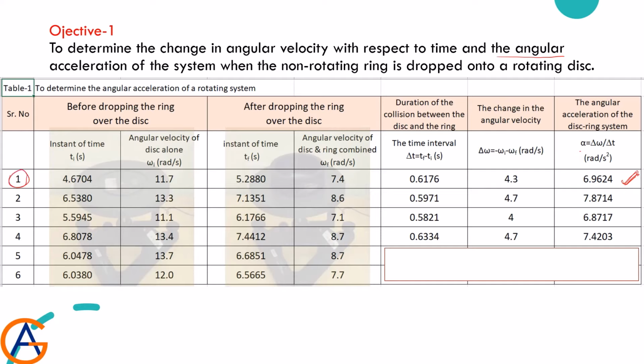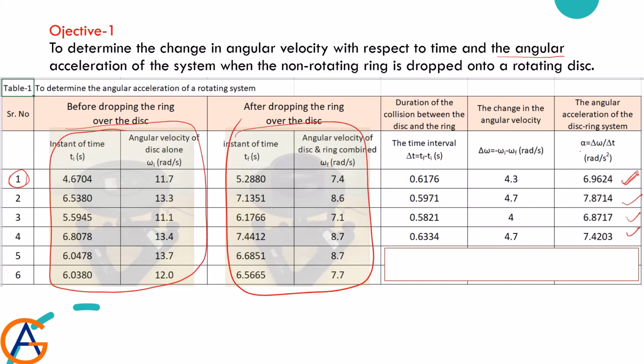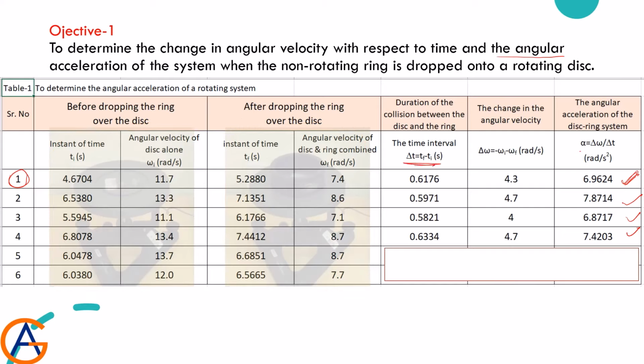Like this, for all the others we have calculated the angular acceleration. These two readings we got directly from the software. What we have to do is subtract time from time and omega from omega, and then divide delta omega by delta t to get the angular acceleration. A very simple, direct calculation.